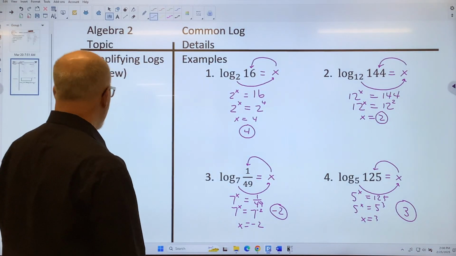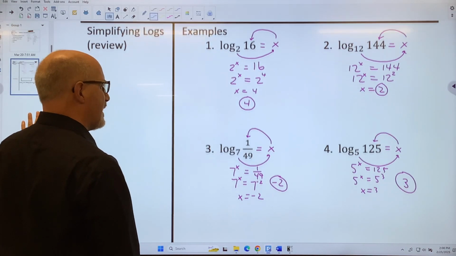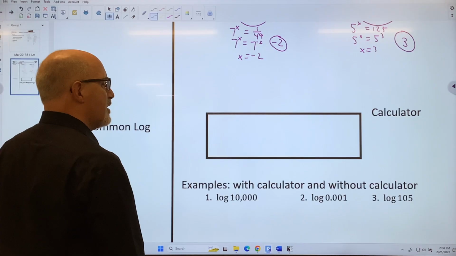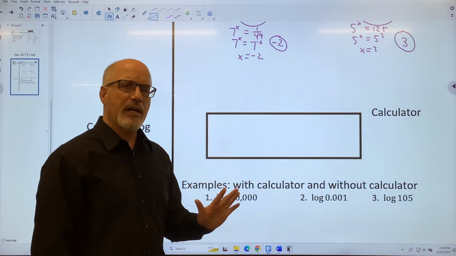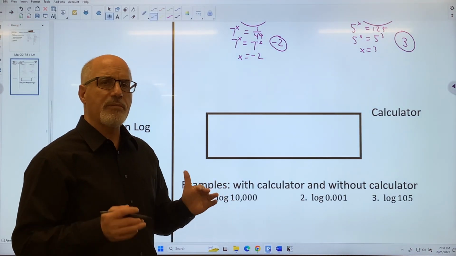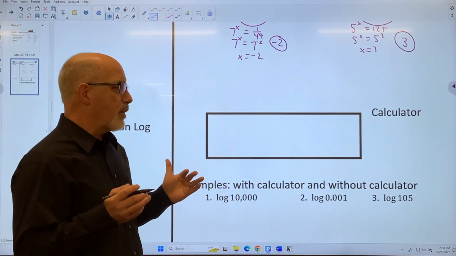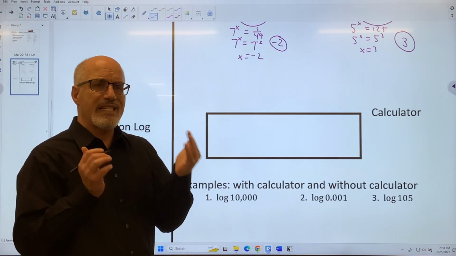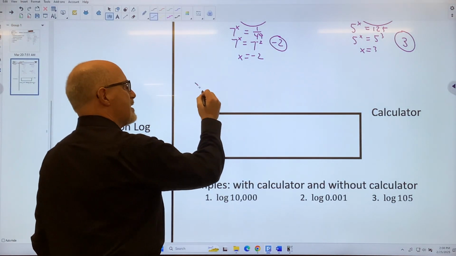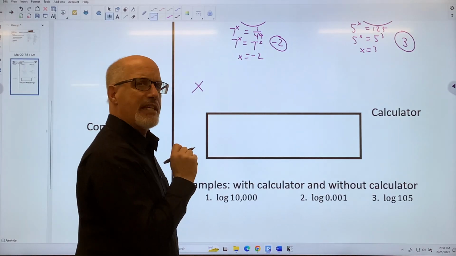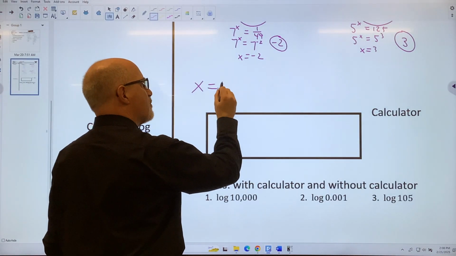Now let's go to the case where we don't have any base at all. What I want you to think about here is, when we've done problems before, for instance, when we just list an x, that's implied to be x to the 1st power.